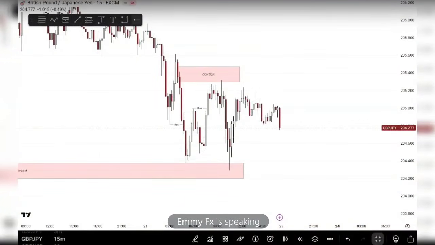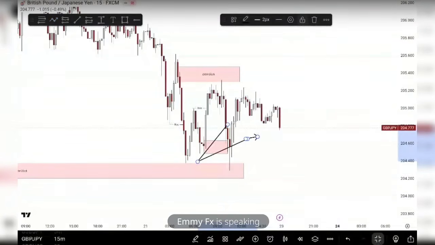You see how price seeks out liquidity, right? Price seeks out liquidity by taking out this swing low and reverses to the upside.